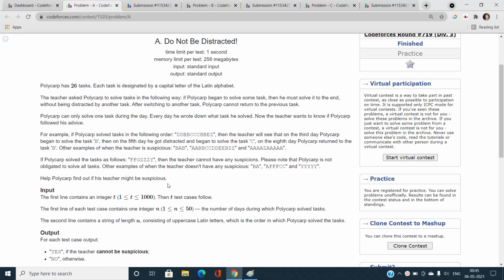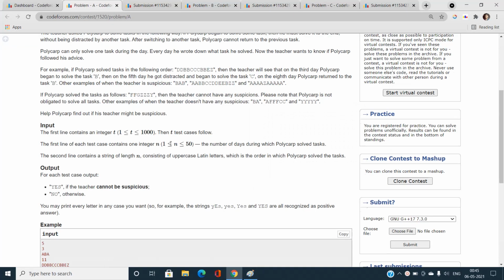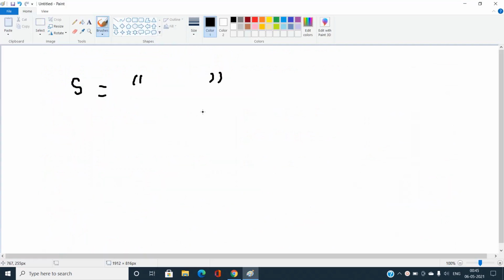You are given a string s, and we need to check it. Say we have the characters A, B, C, and then after that, if the string contains some character that is repeated again, you can see B has already occurred.